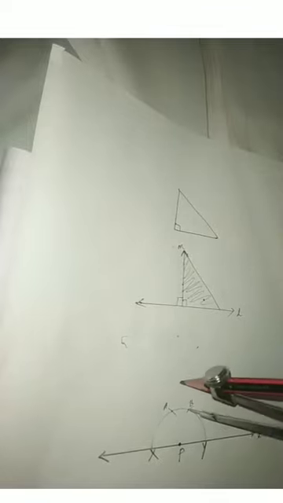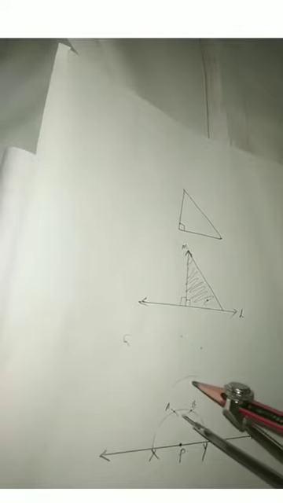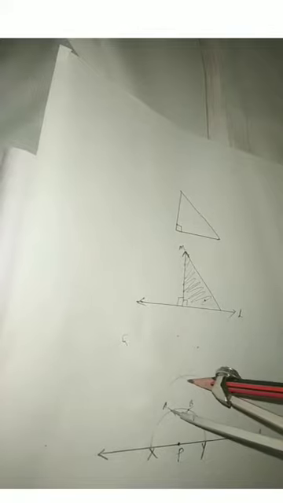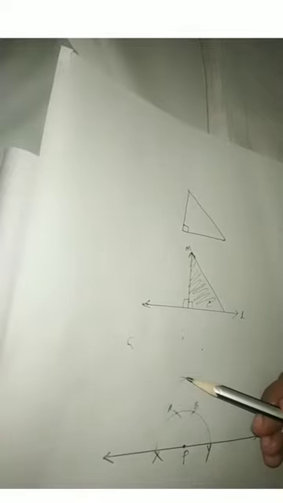Now we can draw another arc with B as center up here. Then keep the compass point on A. Again draw another arc to cut this first arc. Now we got one joining point.